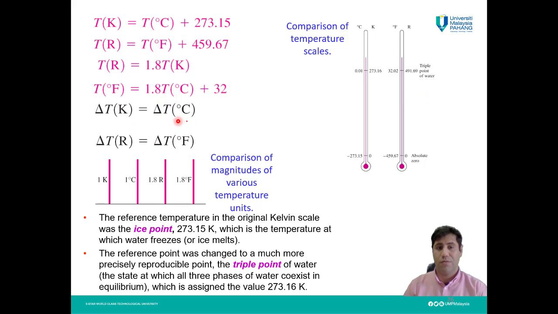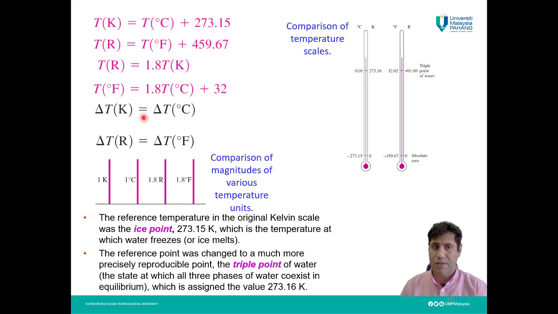But notice one important thing for these different temperature scales: the temperature difference is the same. Delta T, the temperature difference between two different points in the Kelvin scale, is equal to the temperature difference in the Celsius scale.